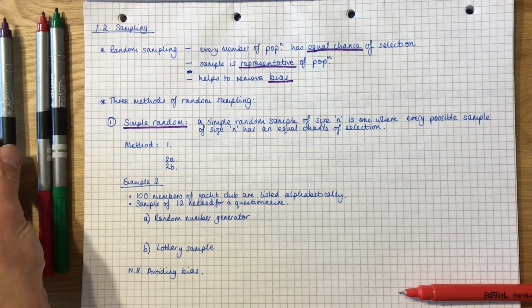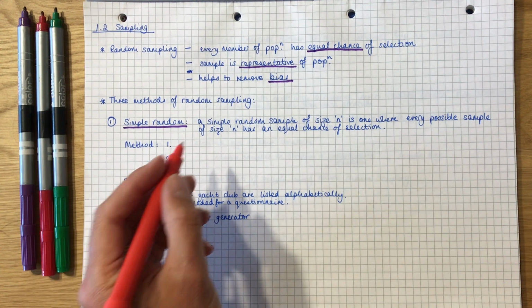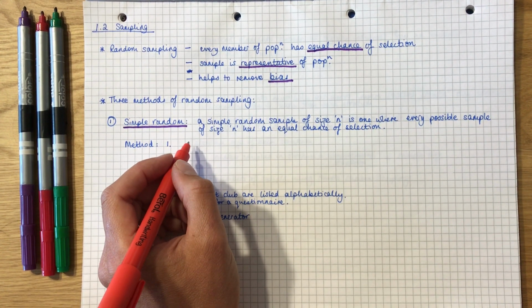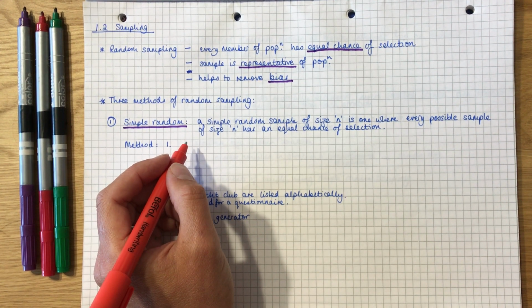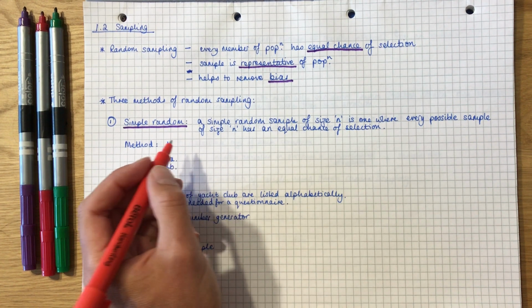Now, the method for doing simple random sampling goes like this. First of all, you need to take a sampling frame, so something like a list of everybody that you're interested in, and you allocate each person or thing in your list a unique number.